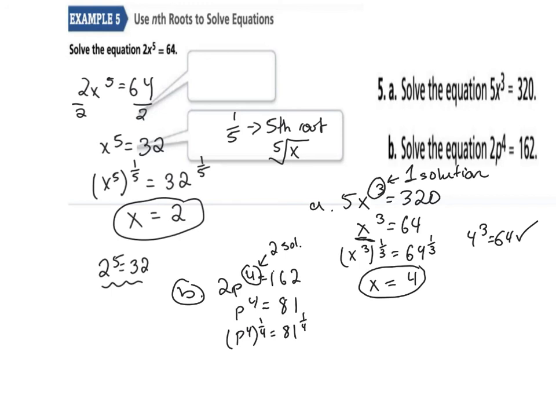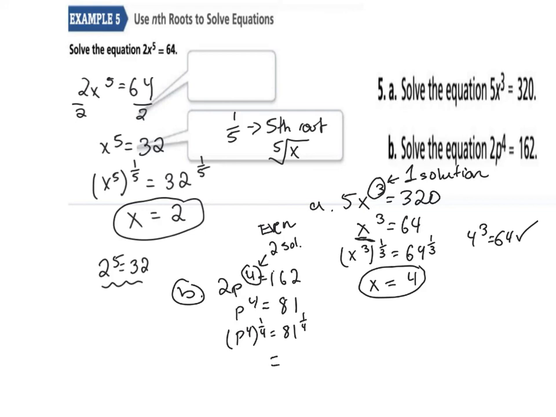Remember when we used to take square roots, we always got two solutions. It's the same thing with the 4th root or the 6th root. Anytime you have an even exponent, you're going to get two solutions.